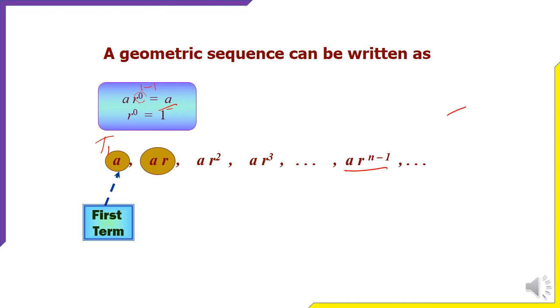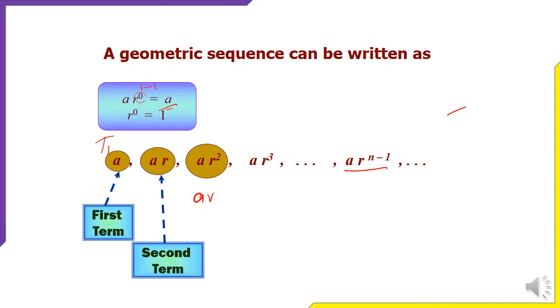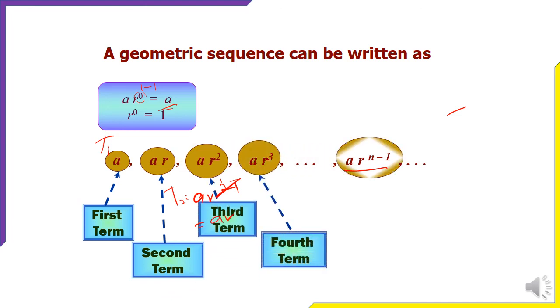And then for the second term, T2, it will be AR to the power of 2 minus 1, so we will have AR only. The third term is AR squared, and the fourth term is AR cubed, and so on.